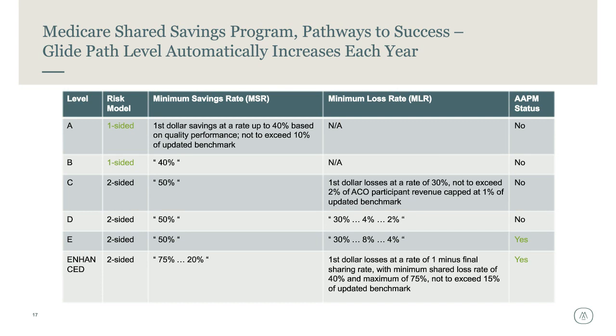So you only move into two-sided risk, where you potentially could owe Medicare a shared losses payment if your costs go up, when you get to level C. And then when you get to level E, you achieve that advanced alternative payment model status. So then you're getting the automatic plus 5% payment adjustment on your Part B payments.